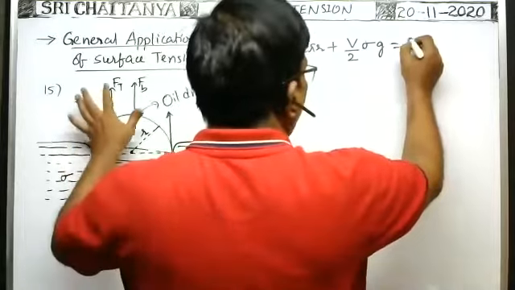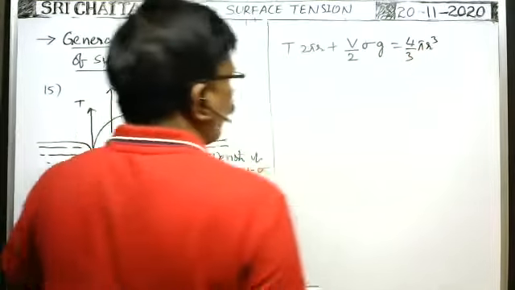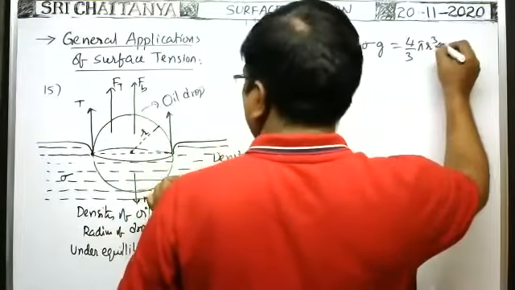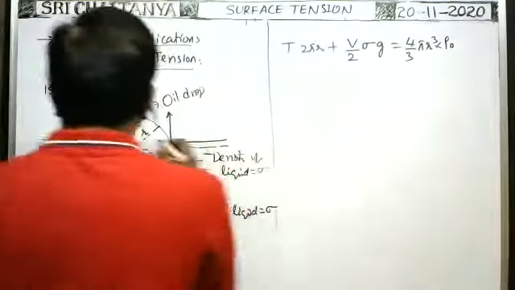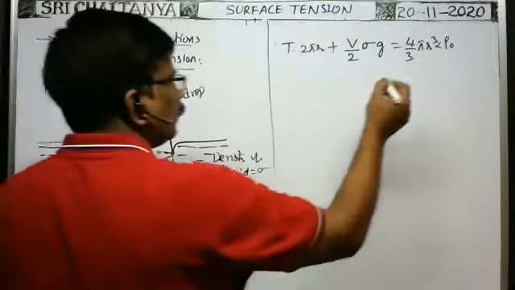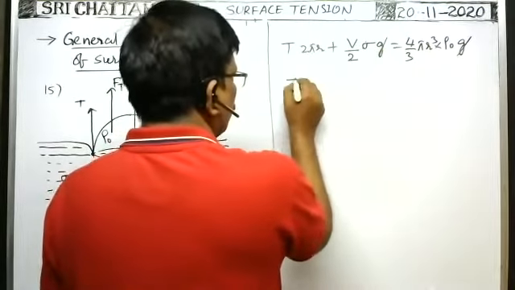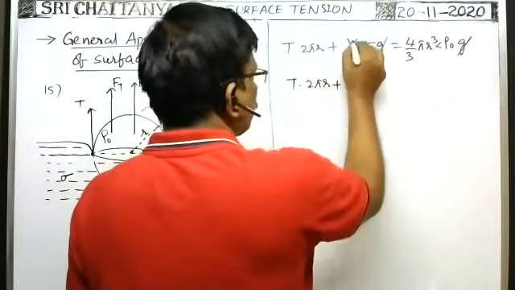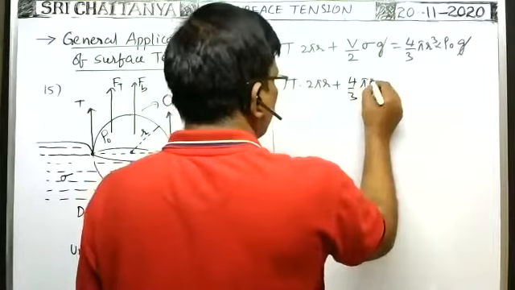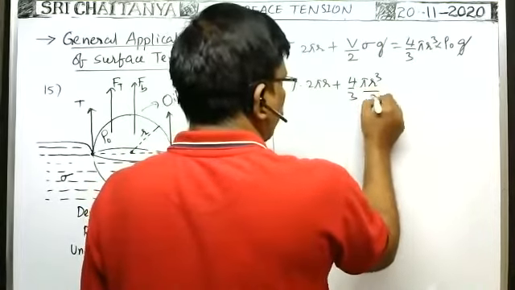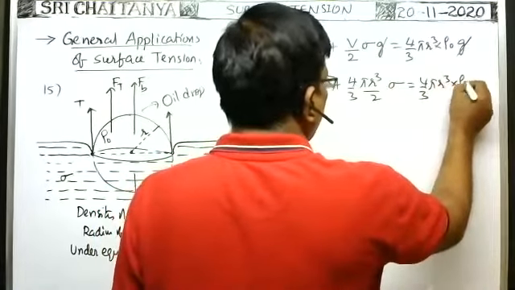The oil drop is spherical, so 4/3 pi r cube is the volume of the oil drop, into the density of the oil, rho naught, gives mass into g. The g cancels. Therefore T into 2 pi small r plus the volume of the drop 4/3 pi small r cube by 2 into sigma is equal to 4/3 pi r cube into rho naught.